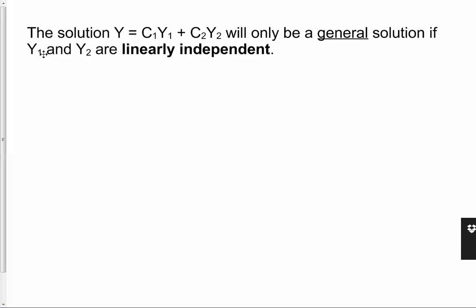Now when we're talking about a system of two differential equations and two solutions, it's easier. Linearly independent just means not multiples of each other.